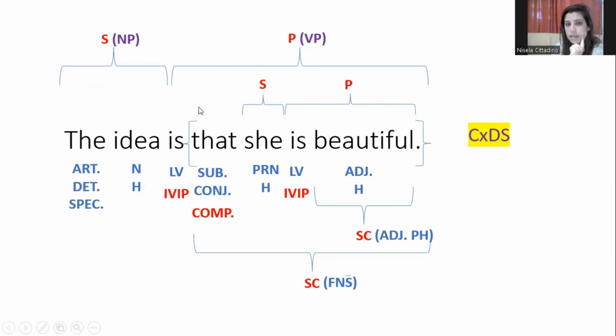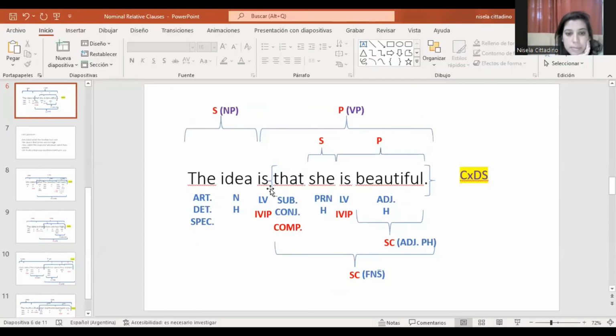In my previous video, I said that is the predicate, she is the subject, is beautiful is the predicate. So when you have the that clause, as it is a subordinating conjunction, it's part of the predicate of the overall sentence and not of the clause. The idea is that.